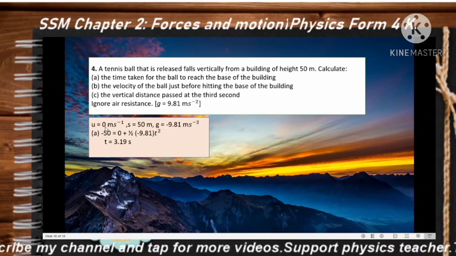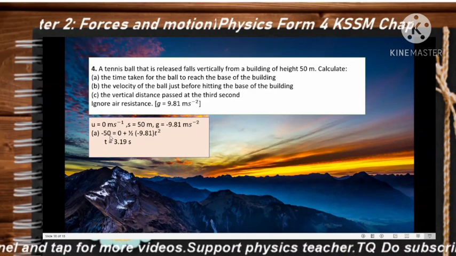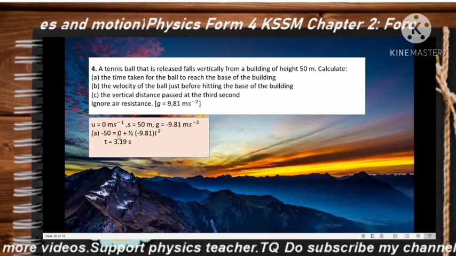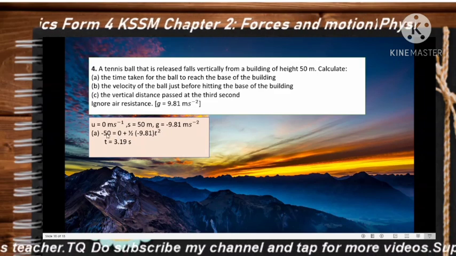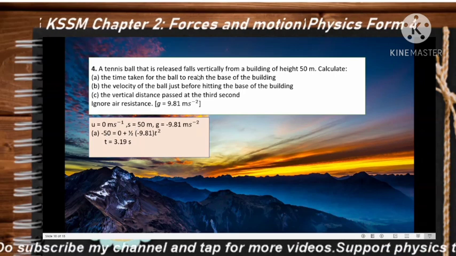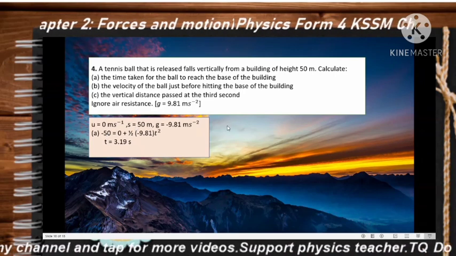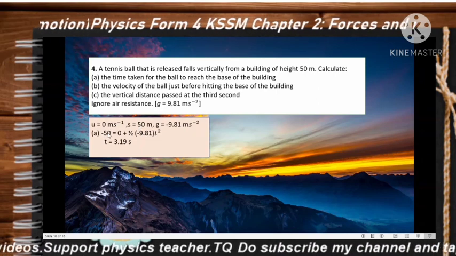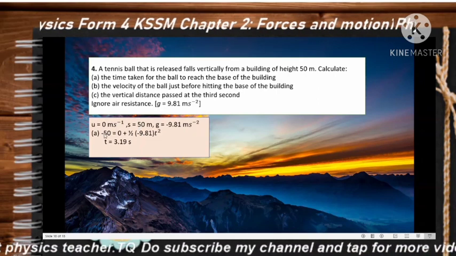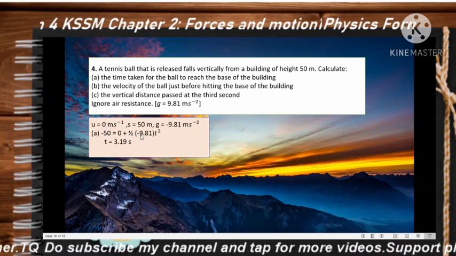Okay, now based on the information given, we can choose the formula that we want to use. s equals ut plus half gt squared. Okay, this one falls downward, which is the negative direction, so s must have a negative sign here, fall downward. Okay, negative sign for s, and then g is also negative.